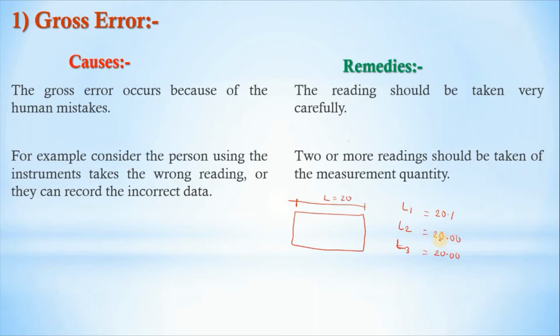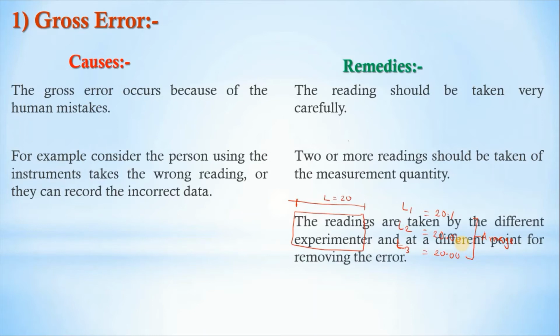So we have to take 1 or 3 readings, then we have to take the average of these 3 readings. So there we can reduce the gross error. Then again the readings are taken by a different experimenter at a different point for removing this error. So these are the remedies for the gross error.